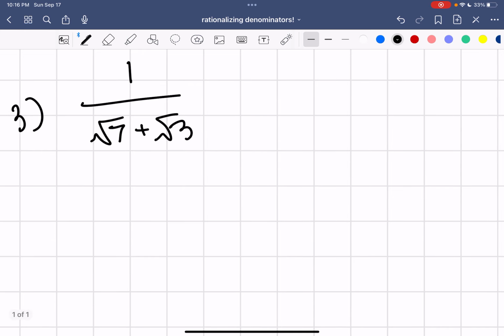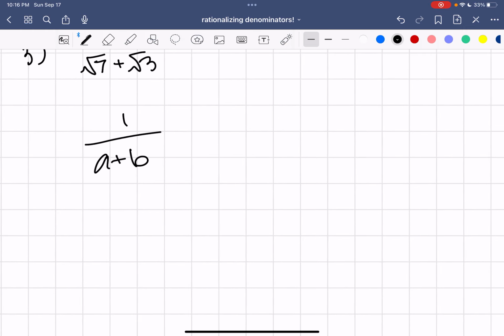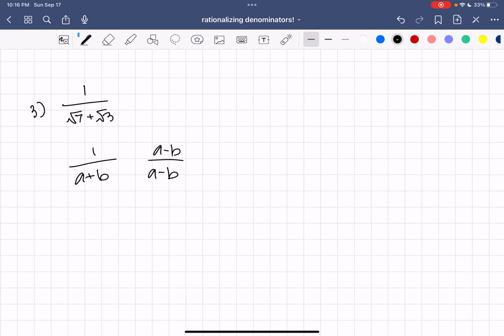So a conjugate is pretty much, so let's think of A plus B. So the conjugate would be A minus B, I'm pretty sure. I think. Wait, what is it? Conjugate math. Oh, I'm a liar, guys.